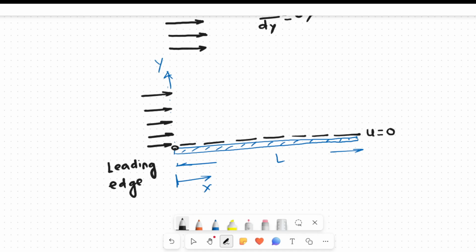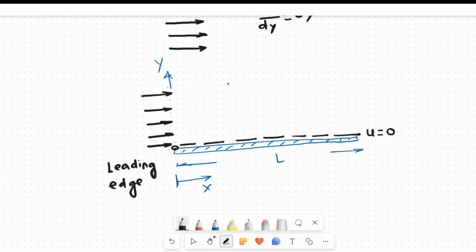There will be adhesion force because of the different molecular structure. There will be van der Waals attraction forces, and because of that, the velocity will be equal to 0 at the surface. As we go in the upward direction, what will happen? The velocity will steadily increase.